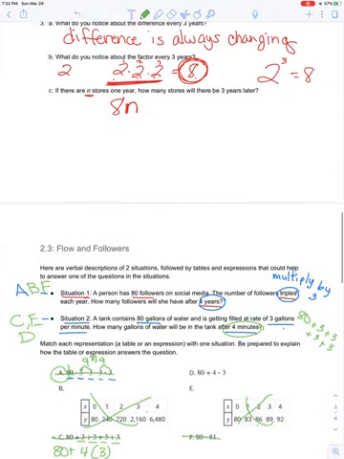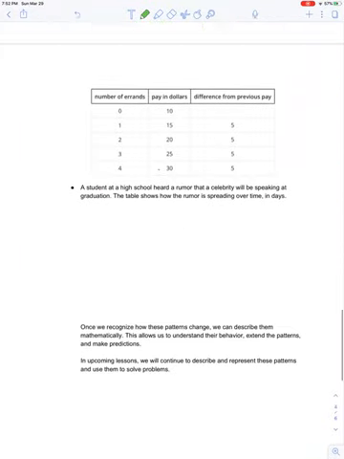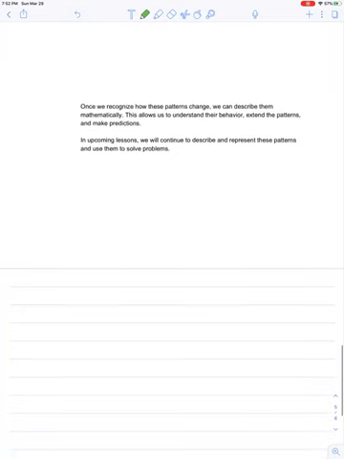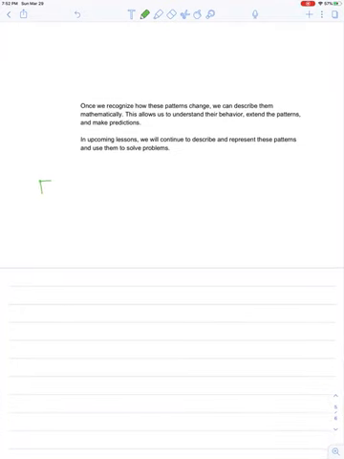So, at this time, whoops, let me go back up. At this time, you have your exit ticket to complete, which is just 2 questions. And then after you do your exit ticket and submit that, then you will have your cool down on Thursday.